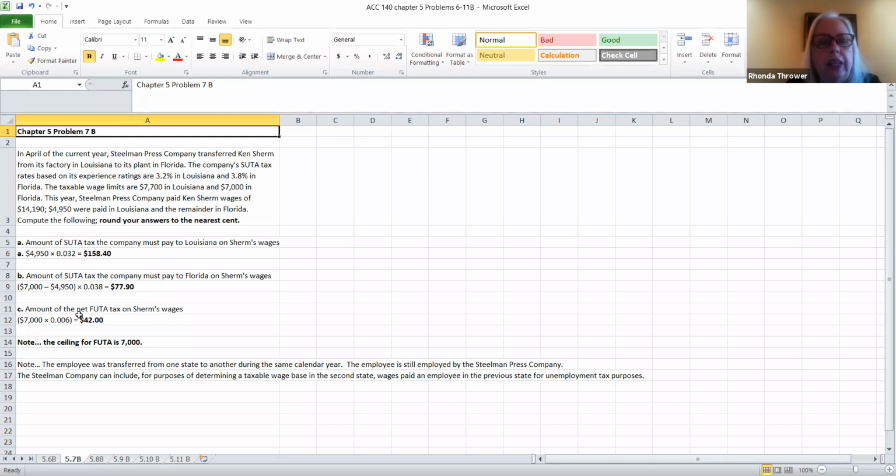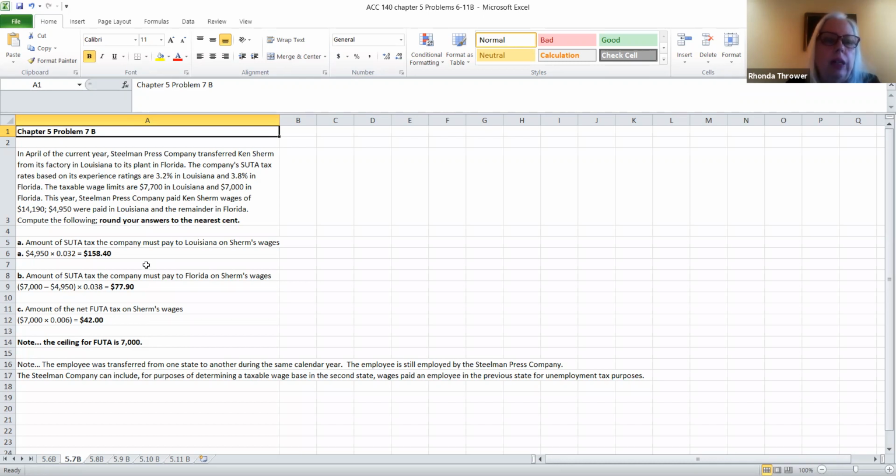For the amount of the net FUTA tax, notice that it says net there, so we're going to use the net rate, which is 0.6%. If you convert that to a decimal, it's 0.006. And the only wages subject to FUTA is $7,000. The ceiling for FUTA is $7,000. So the federal ceiling for FUTA for all states is $7,000.